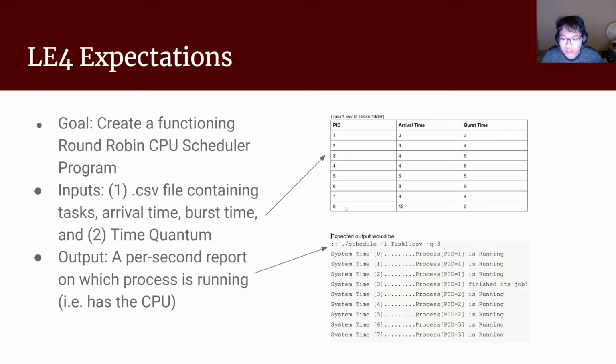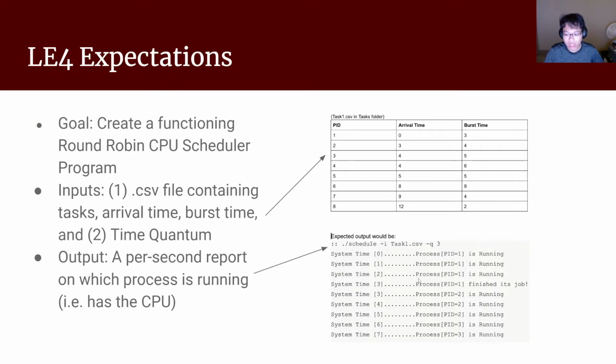Here's a table, and I will have a little MS Paint right after so that you can see. You have the PID right here, the arrival time and the burst time. So let's say PID 1 arrives at the 0th second, so it's the first one to go. You can see 0, 1, and so on.